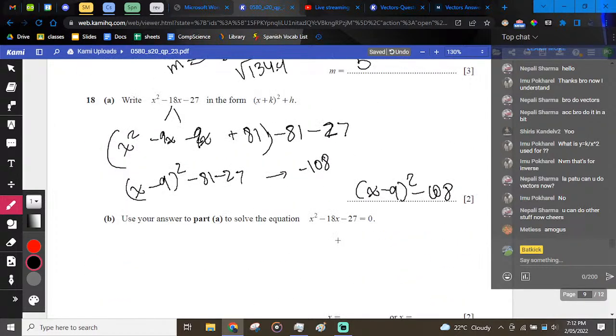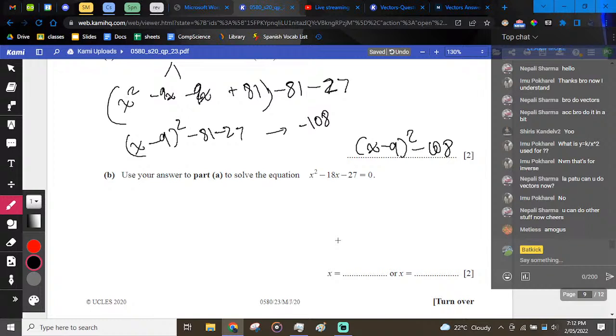Almost done with the paper. Solve, huh? Solutions would be plus 9 minus 108 and minus 9 minus 108, I believe. Because if it's plus 9, that's 0. Would it be plus or minus?